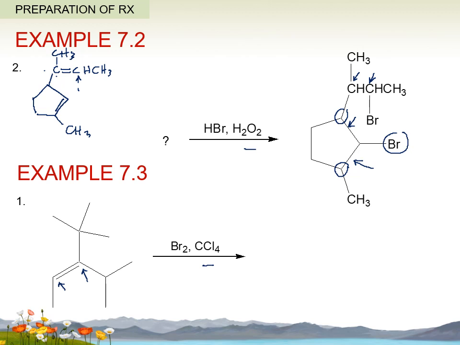So all we have to do here is just copy down the skeletal structure, and we're going to have a haloalkane with 2 bromines attached to the carbons that had the double bond.